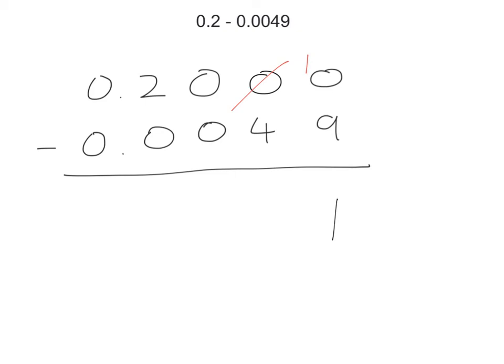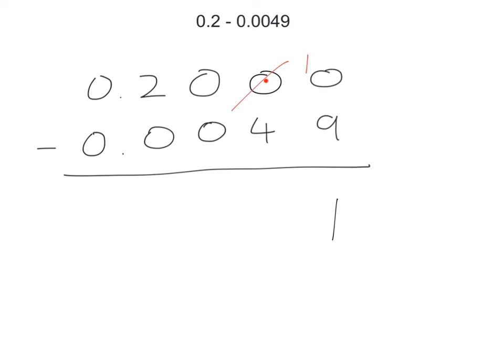Okay, so what do we do now? Basically, what we need to do is treat this 0 and this 0 and this 2 as 200. So we keep going across until we get a number. If there are zeros, we keep going until we hit a number that's bigger than 0.